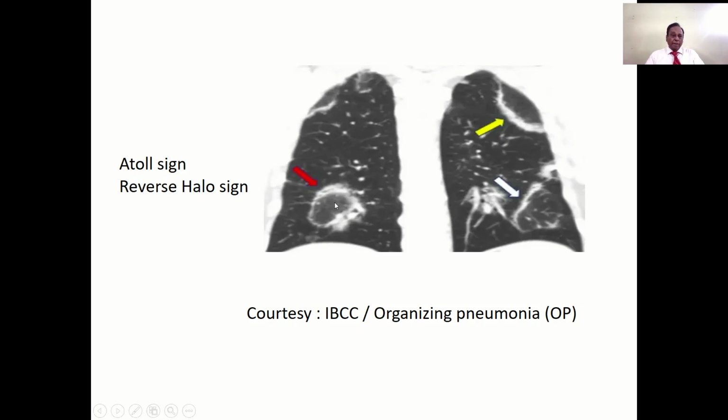In the halo sign, there is a central consolidation followed by peripheral hyperlucency. Here the central lucency will be there, ground glass will be there, and it is surrounded by the consolidation. Actually, the atoll sign may be asked in the exam also, and it typically goes with organizing pneumonia.